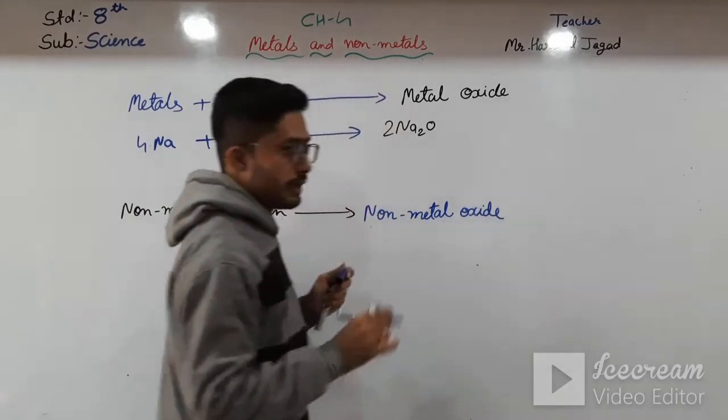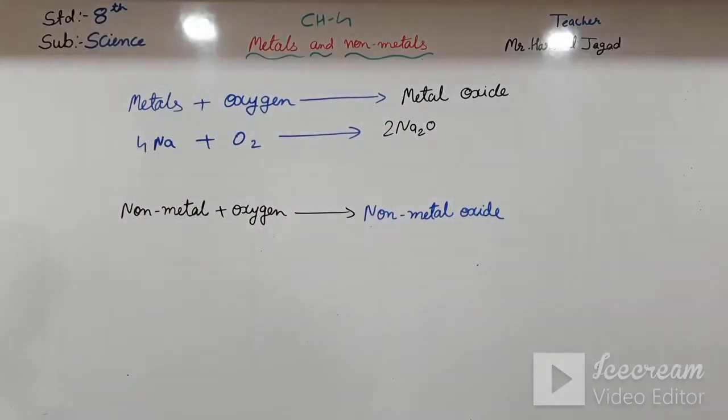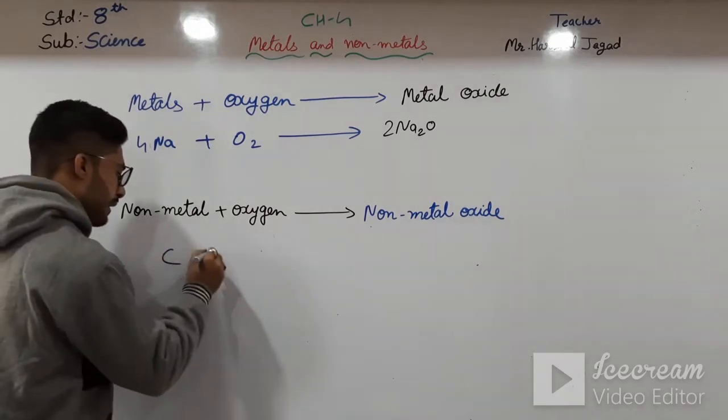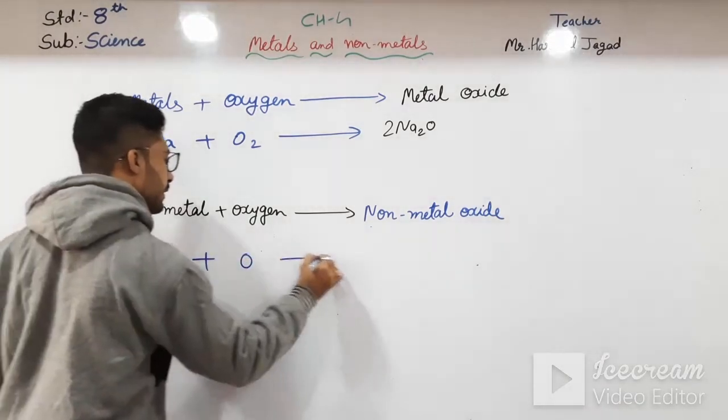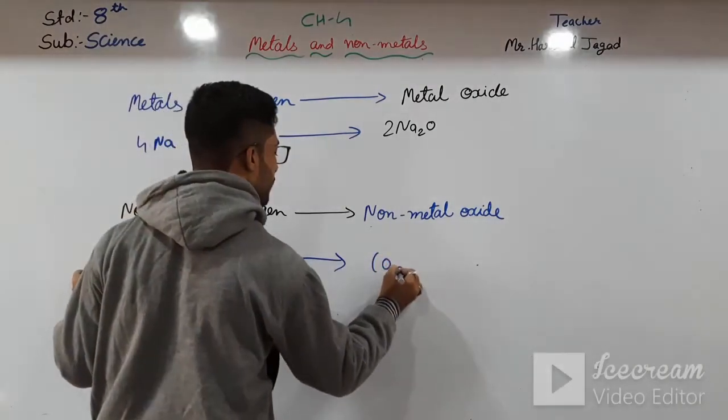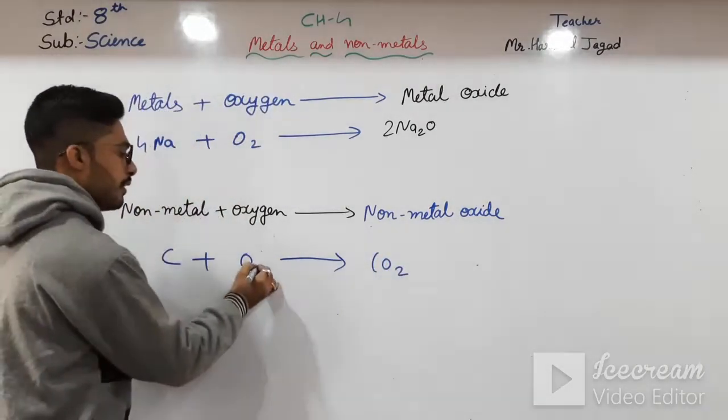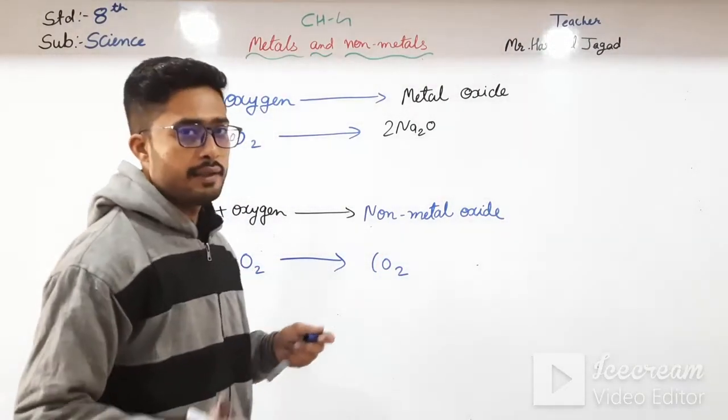Okay, so in that also we have seen the example of carbon plus oxygen. When carbon reacts with oxygen, we get carbon dioxide. Okay, we get carbon dioxide.